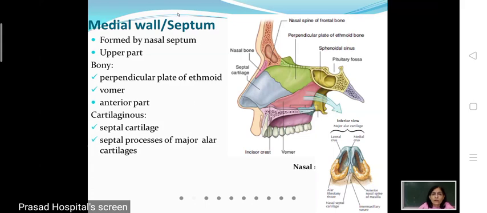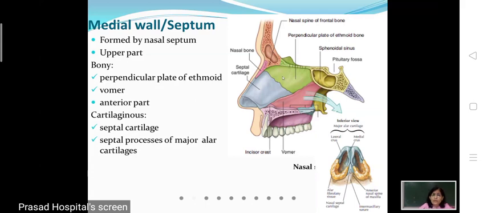So the bones and cartilages which participate in the formation of septum are, posterior-superiorly, the perpendicular plate of ethmoid. This is the cribriform plate of ethmoid, a horizontal structure. From the midline of the cribriform plate, a plate is projected downwards. This is called the perpendicular plate of ethmoid.